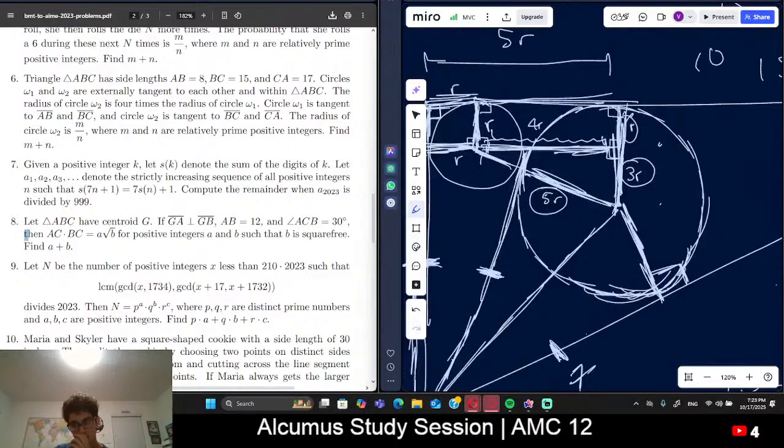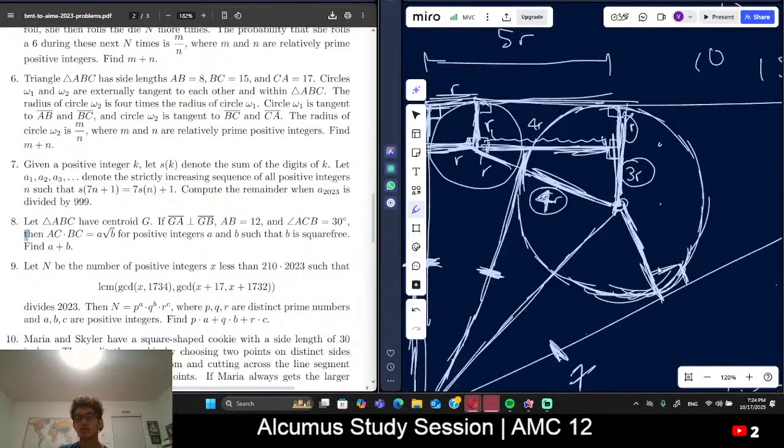Just to be clear, this is 4R. I know I wrote 5R, that was in reference to the whole thing. Because this is R, this is 4R. The whole thing has to be 5R. Right? It has to be 5R. The other one is 4R minus R, 3R. Is there any other possibility? Is there anything else that it could be?